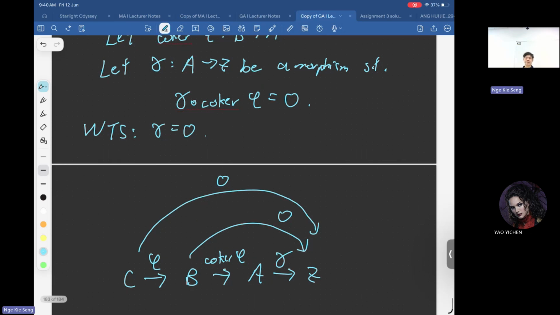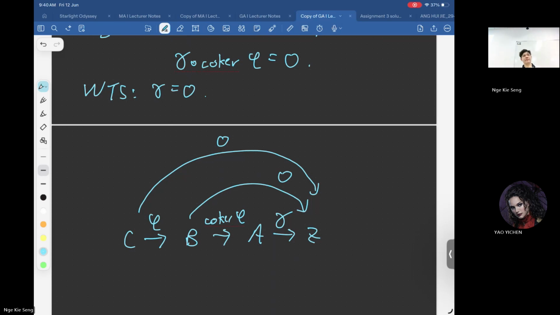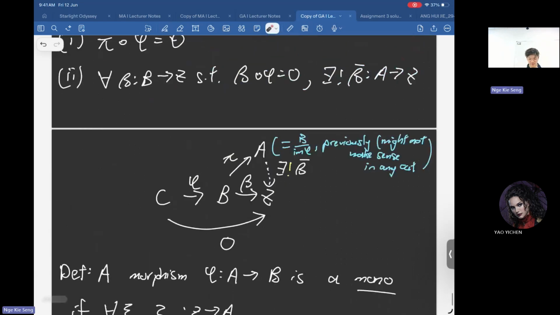What's the co-kernel property here? The co-kernel property says that if you have another map from B to Z such that the composition with phi is 0, then it will factor through the co-kernel.